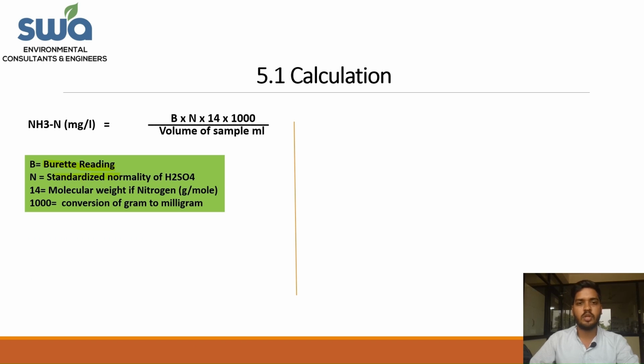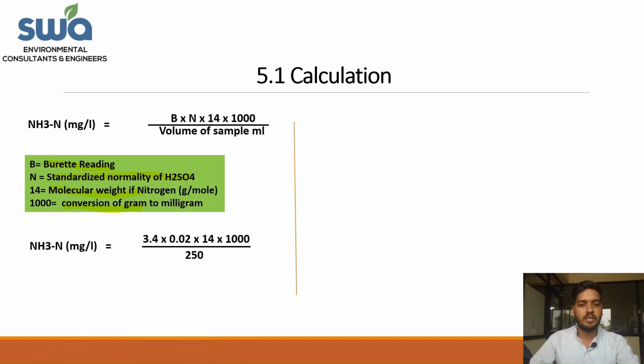N stands for the standardized normality of H2SO4, which we have taken as 0.02 normal. 14 is the atomic weight of nitrogen in gram per mole, and 1000 is the conversion factor of gram to milligram. So these are the terms.